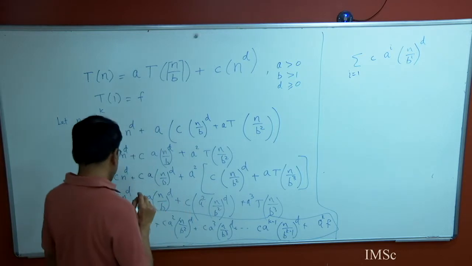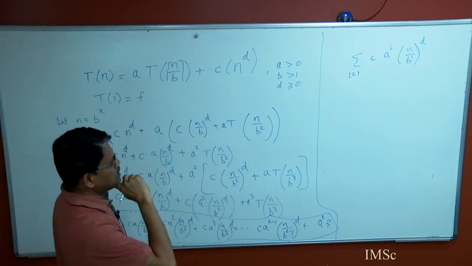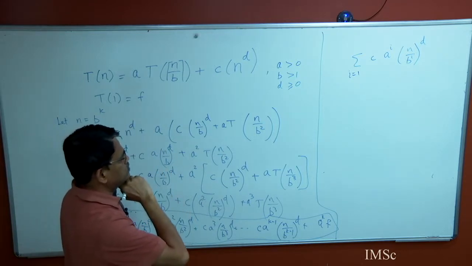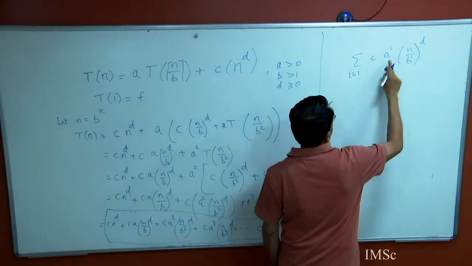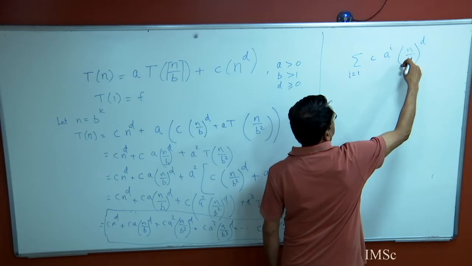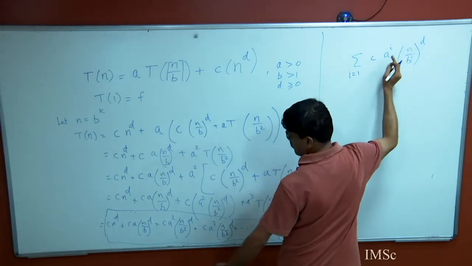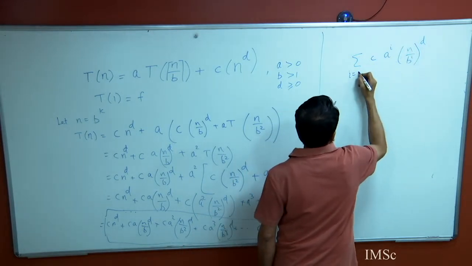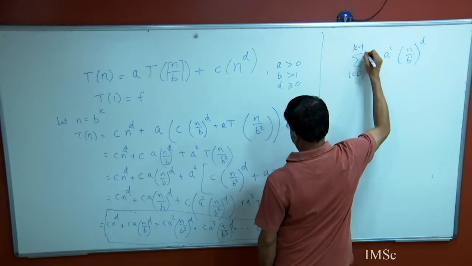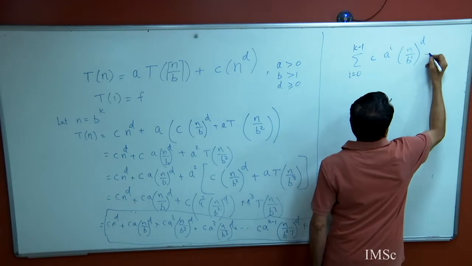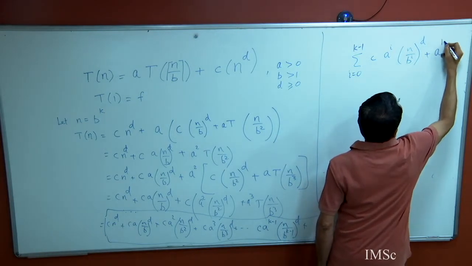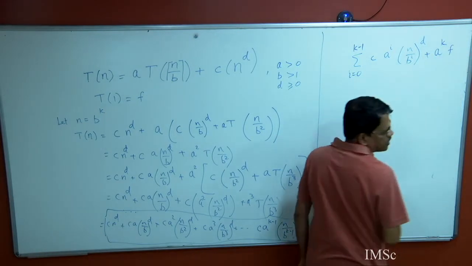I have to be a little careful, because when I plug in 0, this goes away, I'll still have n power d, so correct. Okay, 0 to k minus 1, plus A power k into some constant f. Okay.